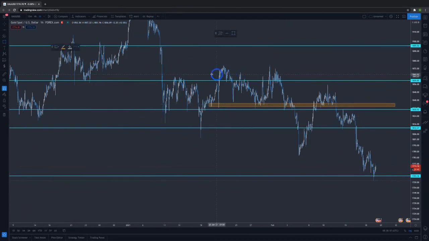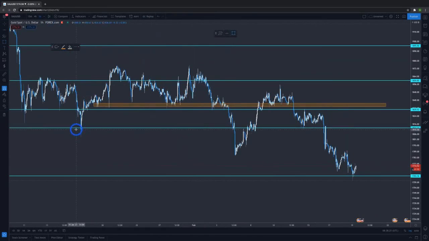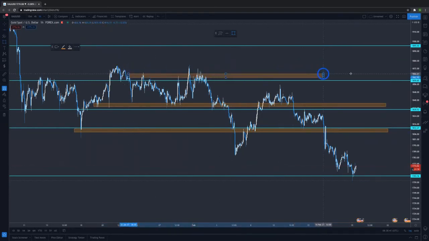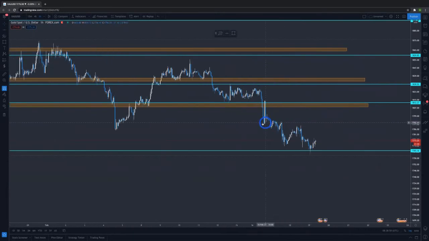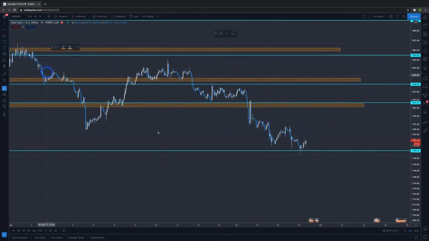So let me mark up these key zones. And you could always draw them anywhere.